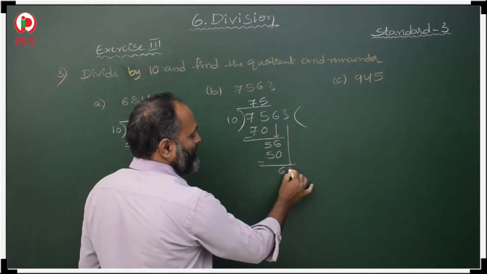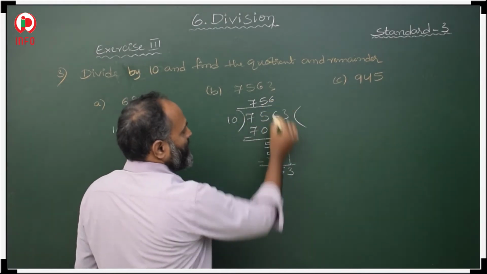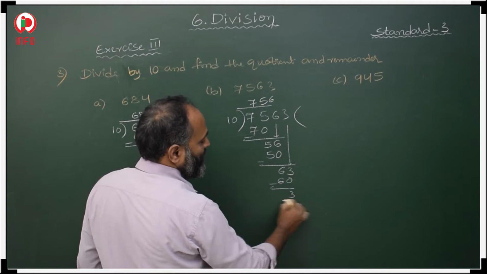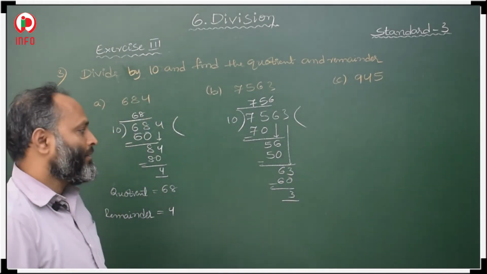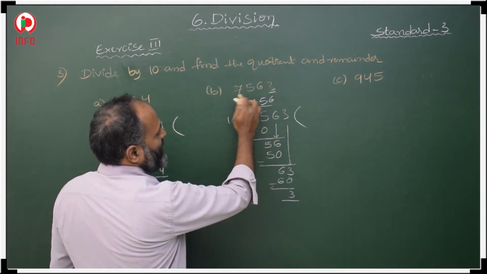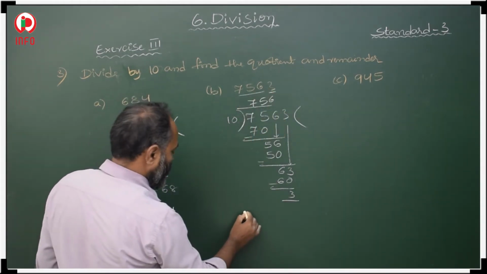Next 3, 10 6s are 60, then 3 minus 0 is 3, 6 minus 6 is 0. Now here the last digit is the remainder and the rest of the digits are the quotient. Therefore what is your quotient?